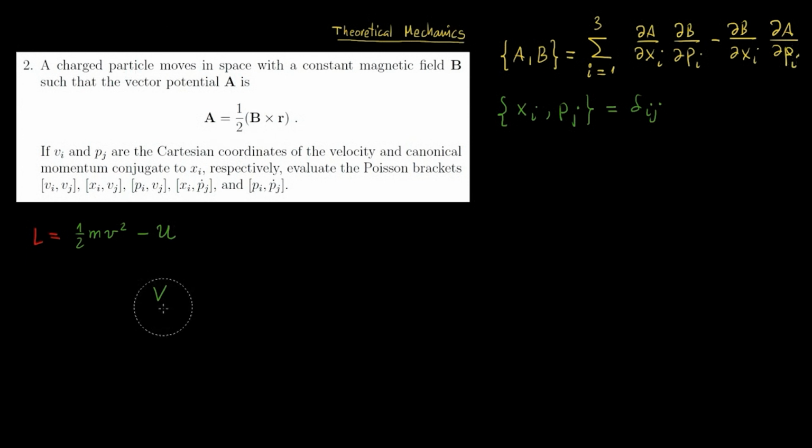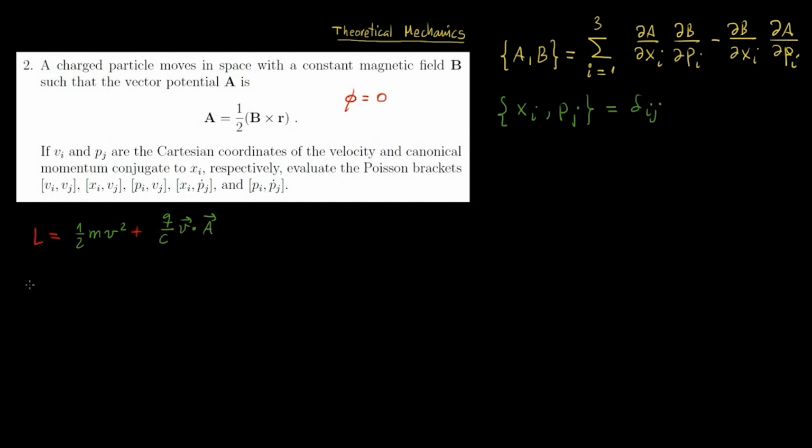So remember, the generalized potential for a charged particle moving with an electric or magnetic field is the scalar potential minus q over c v dot A. But in this case, there is no scalar potential, so only this term must be taken into account, so plus q over c v dot A.